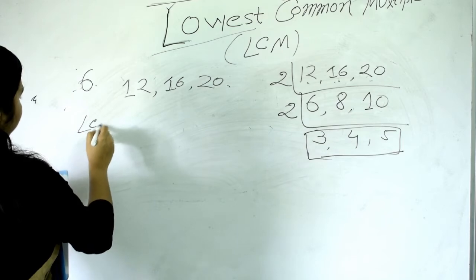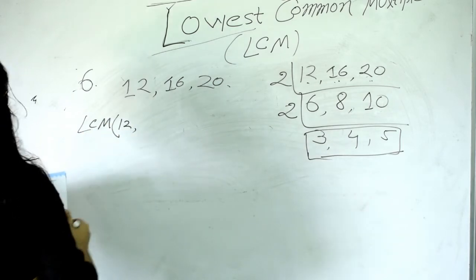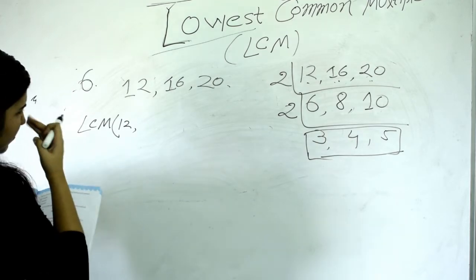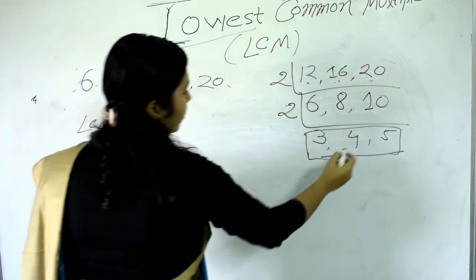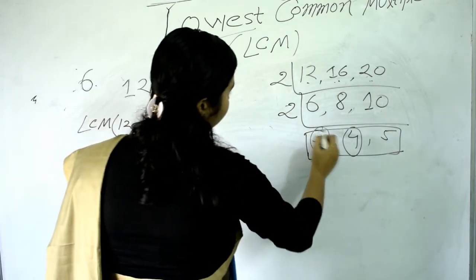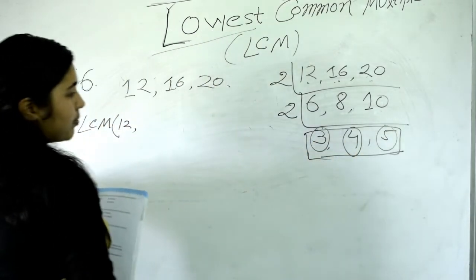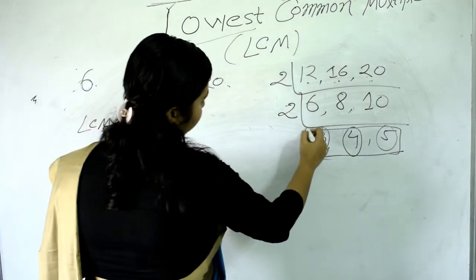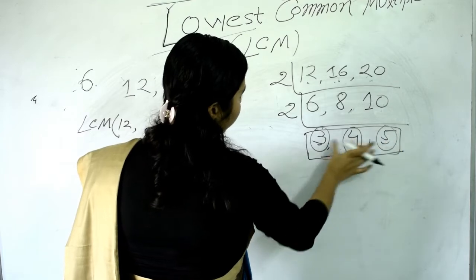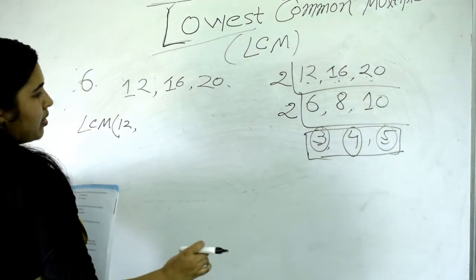Now LCM of these: 4 is not a prime number, but 3 and 5 are prime numbers, so you don't have to take further division, because here 2 out of 3 numbers are prime.